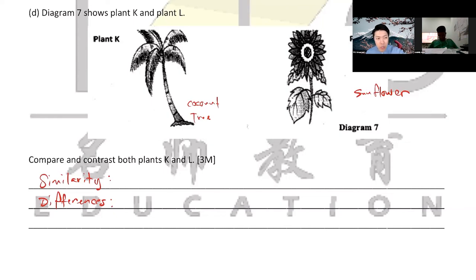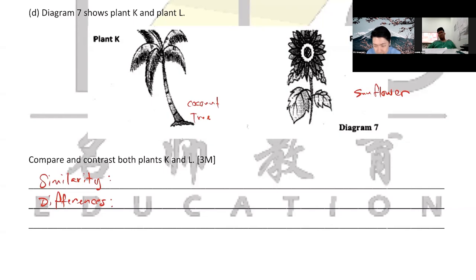That's the title. Instead, we should say, plant K and L produce flower. So you must say in terms of the characteristics rather than stating the title. Yeah, is that all right? Okay, so I started with the similarity first. Okay, sunflower got pollen. Coconut don't have pollen.